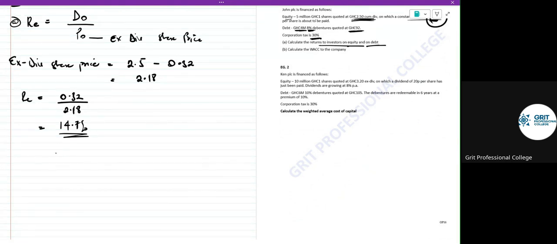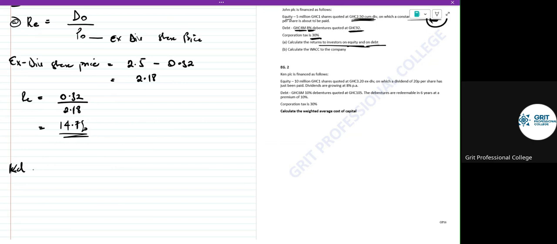Okay. Then we also have, what do we call it? External investors who provided us the debt. So at the end of the day, we also have to find the return to the investors. Now, remember, the return to the investors, we are saying it is not the after-tax. I hope you remember that. Okay. But if we are looking at the company's cost of debt, that is where we have to factor in the tax element.